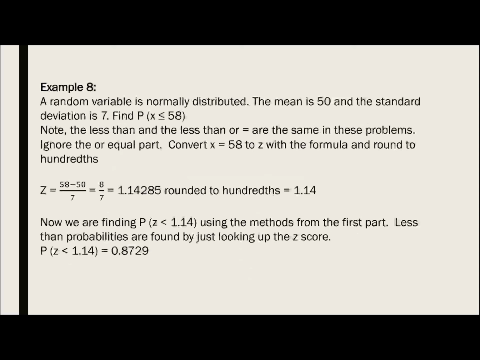We're finding the probability z is less than 1.14 using the methods from the first part. Less than probabilities are found by just looking up the z-score. So the probability z is less than, you just look up 1.14. Go down to 1.1 and under the 04 column. Less thans are just the number in the chart. You don't have to do anything else.